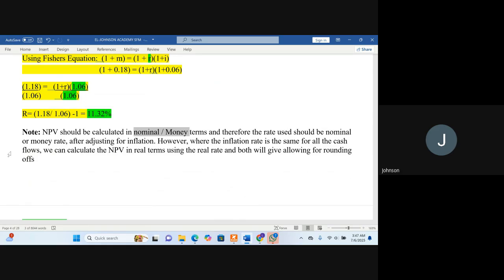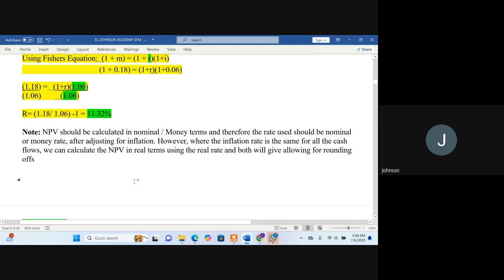So when the inflation rate is the same for all cash flows, we can calculate the NPV in real terms using the real rate, and both will be the same, allowing for rounding off.